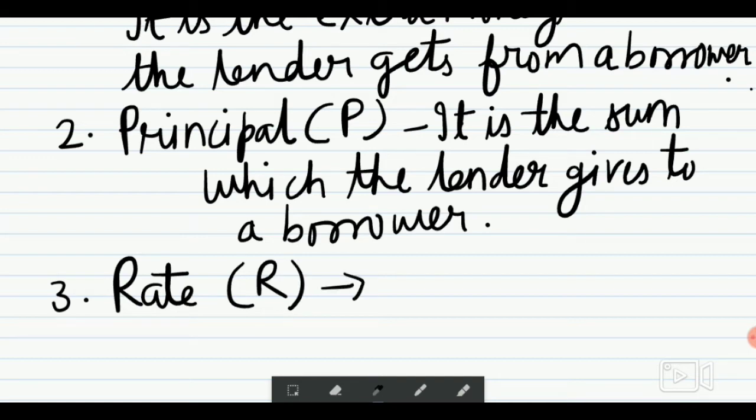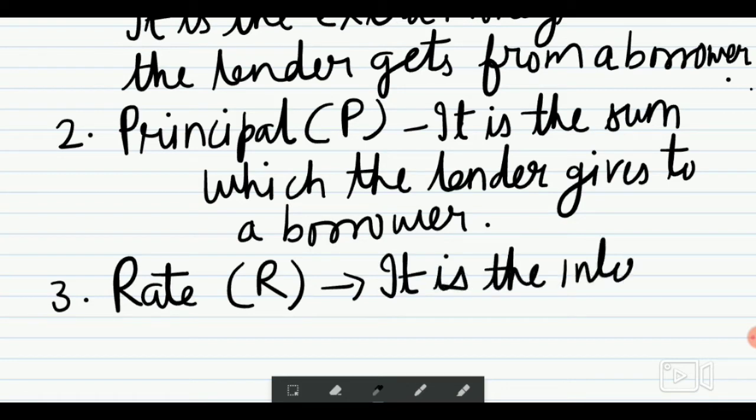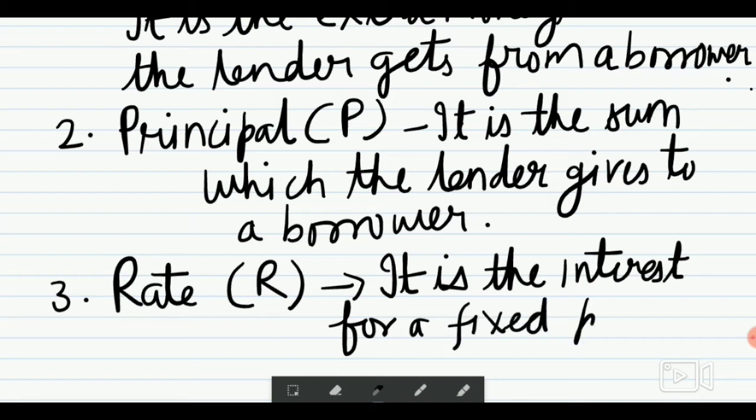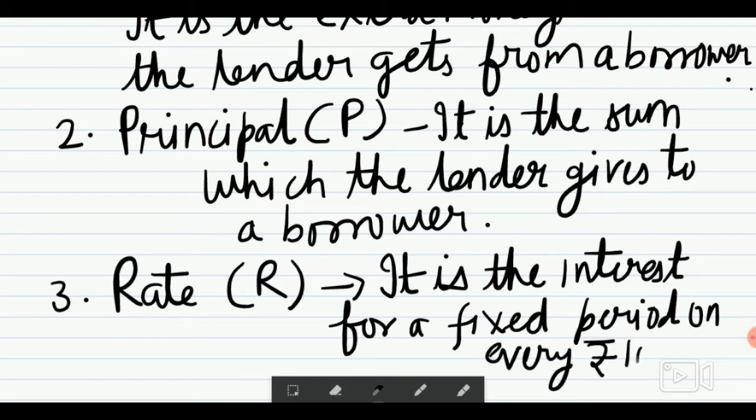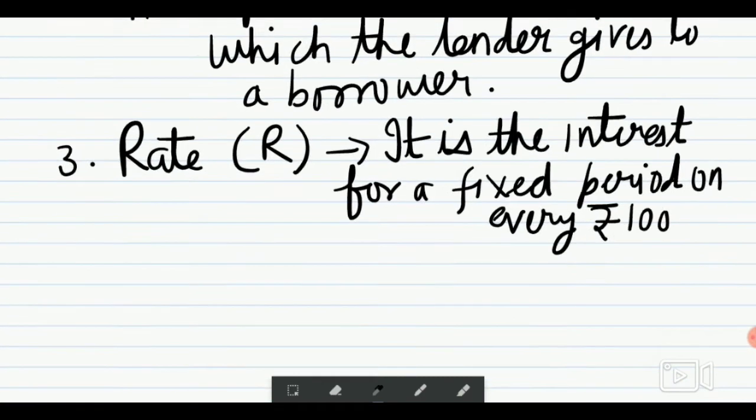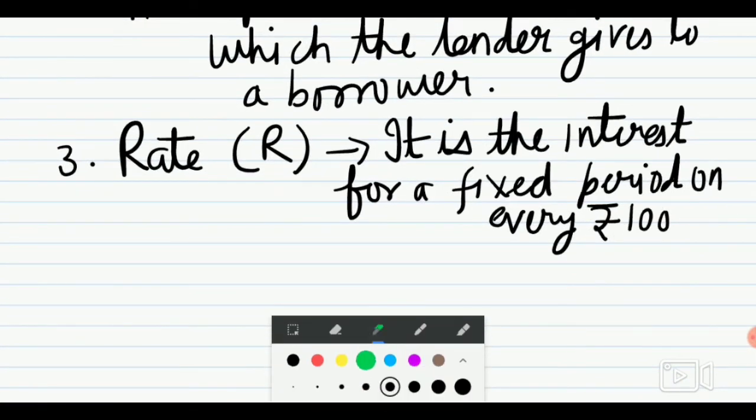It is the interest for a fixed period on every rupees 100. I will tell you how.